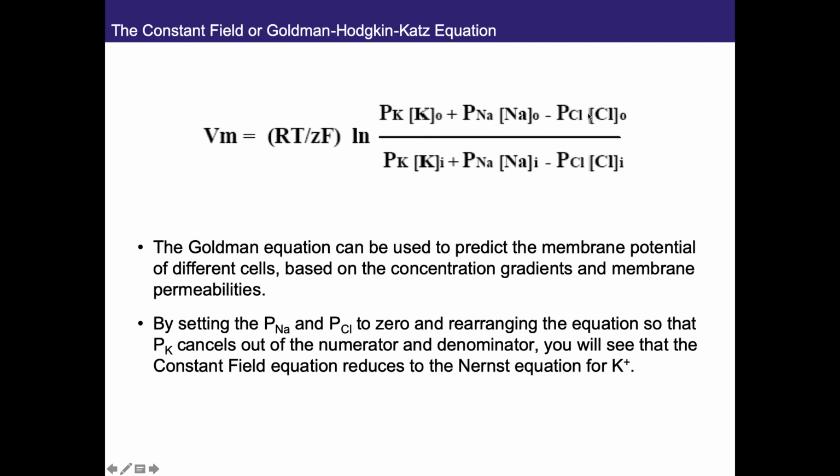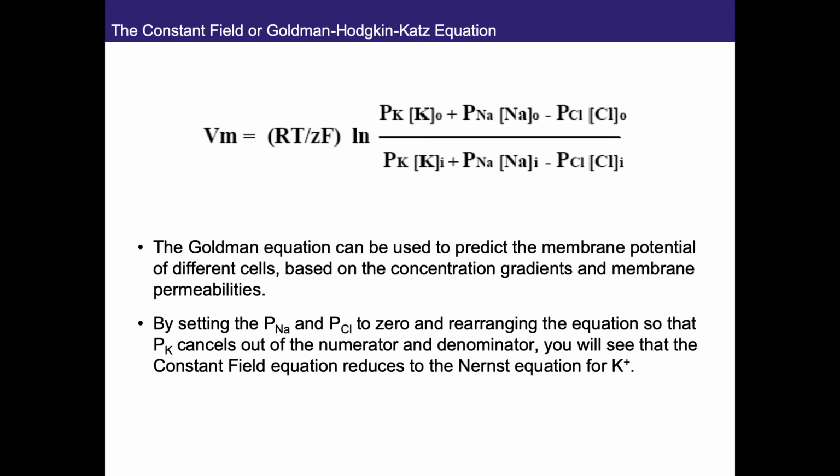And all three of them are playing a role in setting the membrane voltage. All right, now let's just pretend that we blocked sodium and we blocked chloride. So now sodium and chloride are essentially zero, right? The permeability for both are zero.